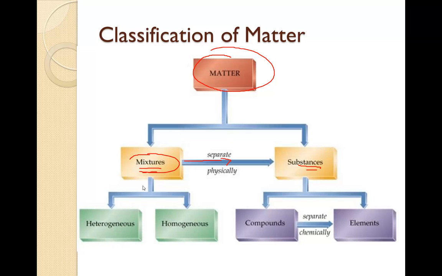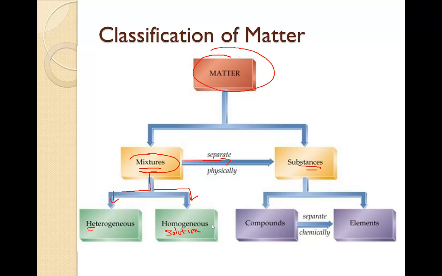You can then break mixtures down into heterogeneous and homogeneous. Heterogeneous means that they are not mixed evenly, or they'll settle out. They don't look the same everywhere you look at it, or they'll settle down to the bottom if you let it sit there. Homogeneous is also called solutions, and they do look exactly the same no matter where you look at it. They also do not settle out over time.